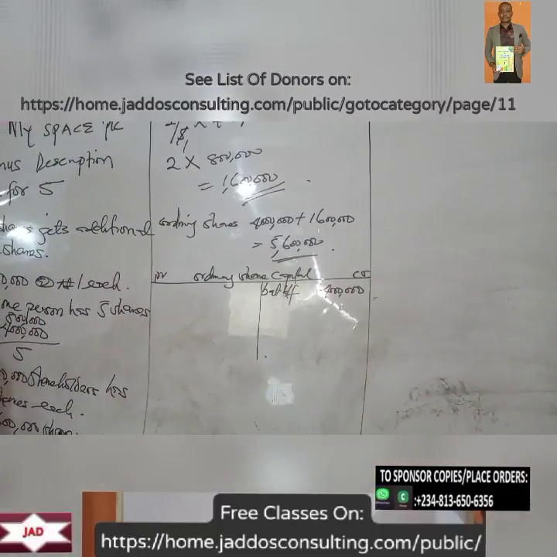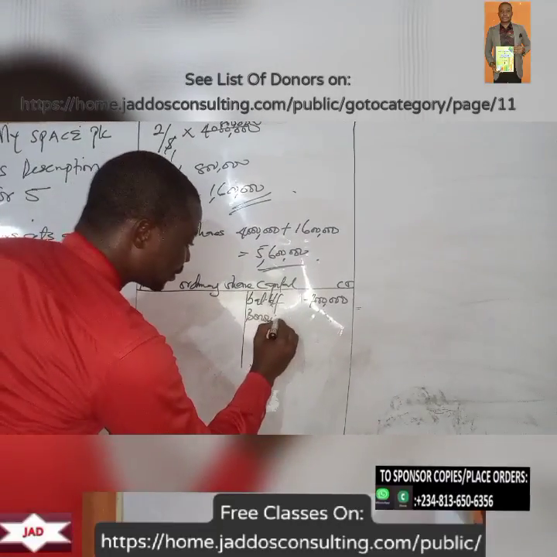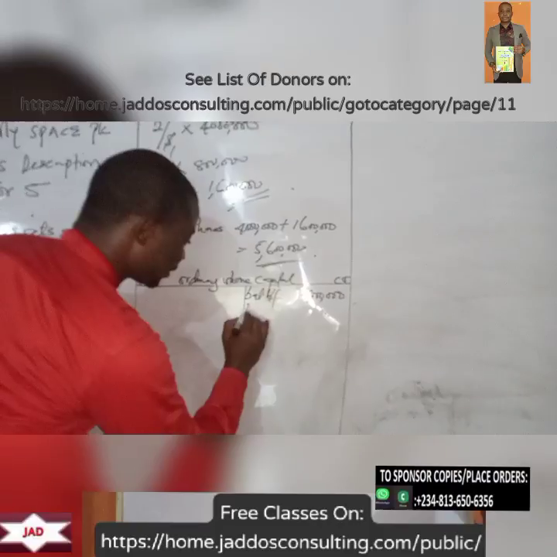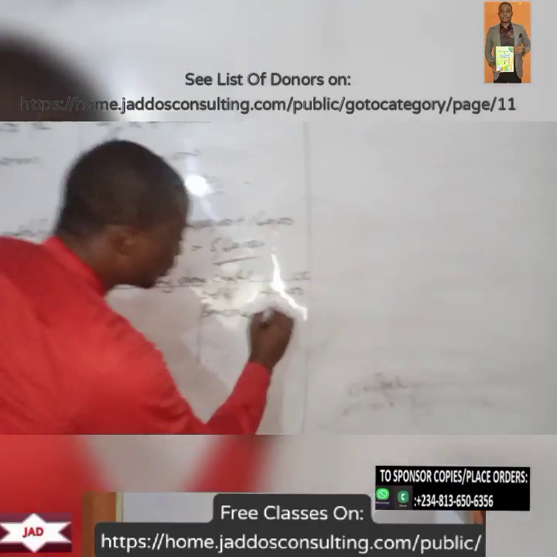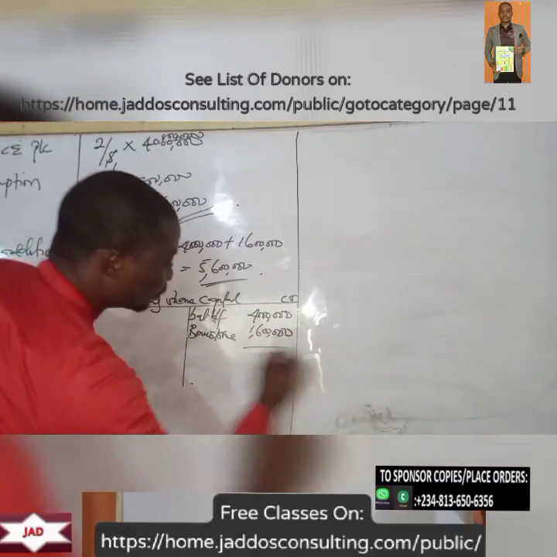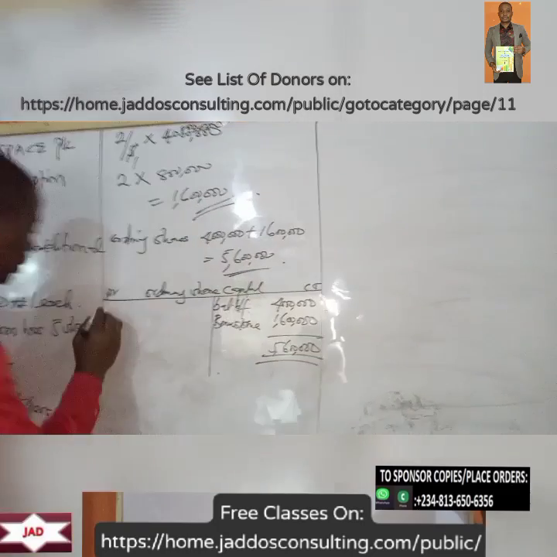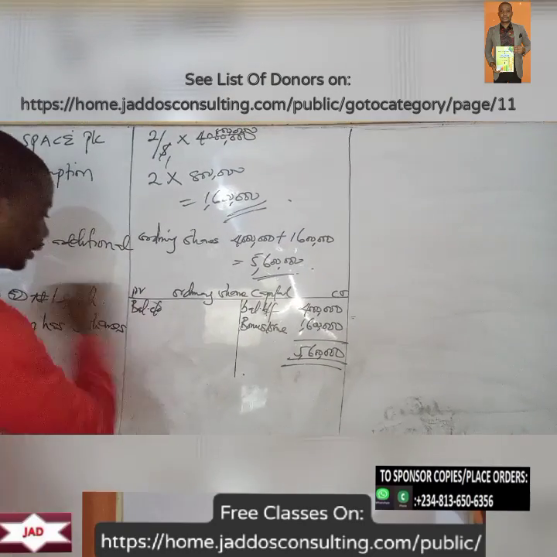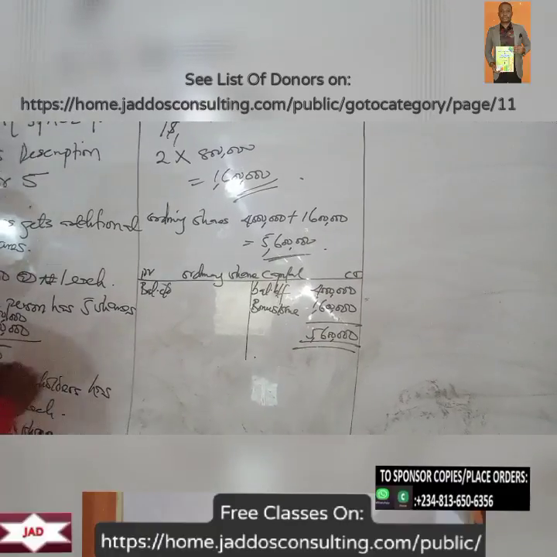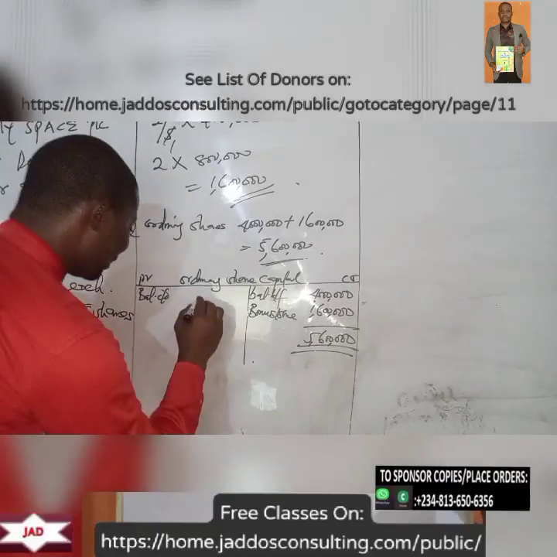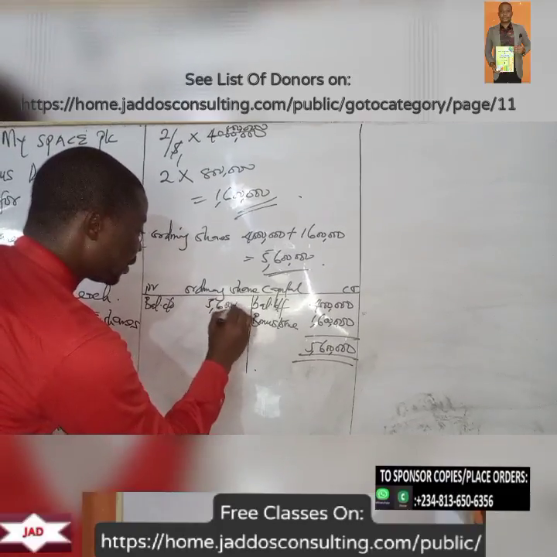Let's call it bonus issue. What do you have? 1,600,000. So the new ordinary share capital will be 5,600,000. So we now have balance carried down, right? To be 5,600,000.